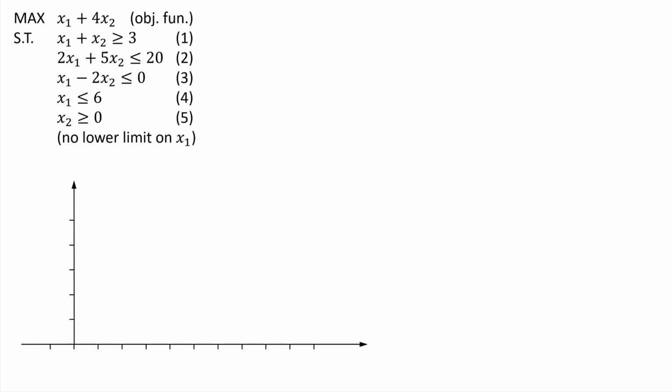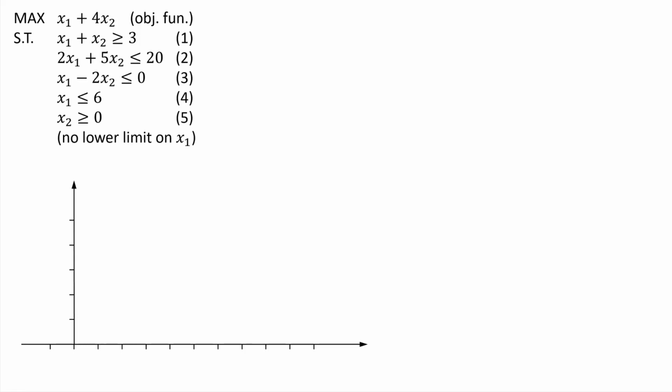Notice that the first constraint looks like a minimum requirement for x1 plus x2 to be at least 3. Constraint number 2 looks as if it is some kind of resource constraint. 2x1 plus 5x2, this is some kind of consumption, must be less than or equal to 20. And the third constraint is neither resource nor minimum requirement.